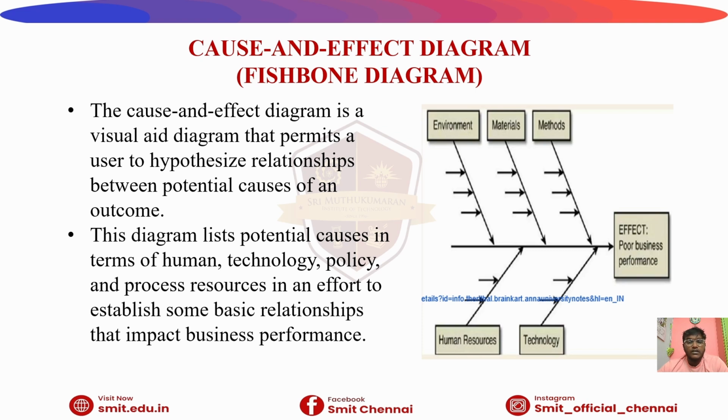Categories of causes often include human factors, technology factors, policy factors, process factors. By listing potential causes in these categories, teams can establish basic relationship that impact business performance and then test them with data.